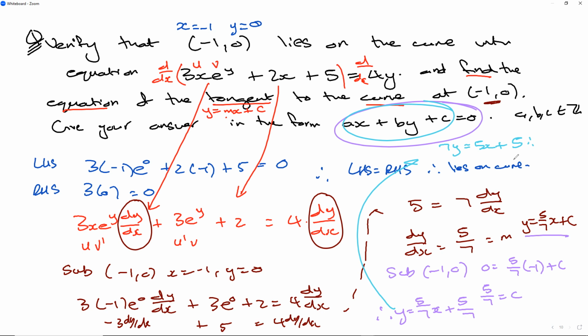So moving it across completely, minus 5x plus 7y minus 5 equals 0. So I can see a would be equal to minus 5, b will be equal to 7, and c will be equal to minus 5, straight from that part over there. Okay.